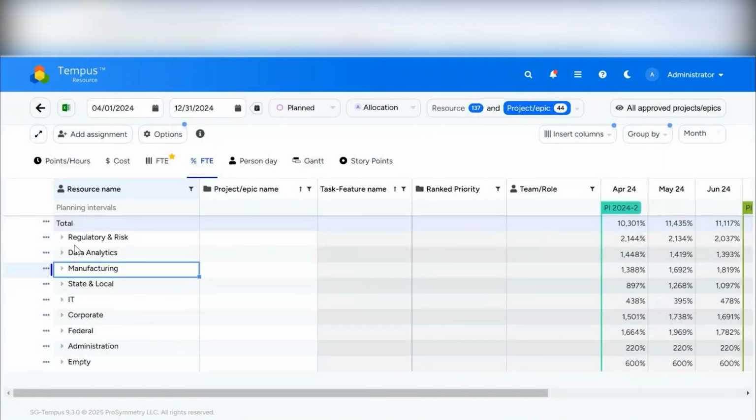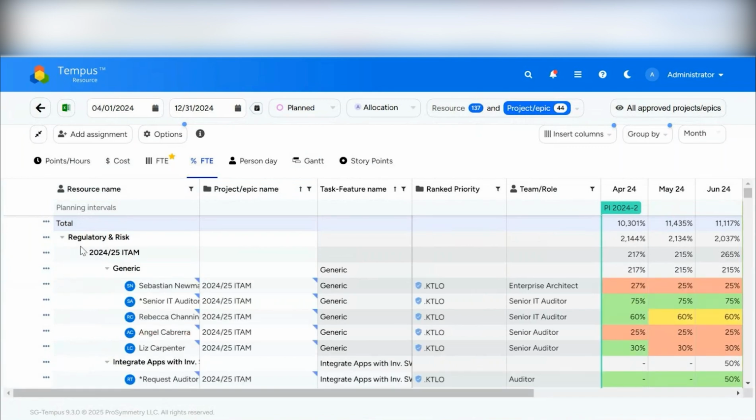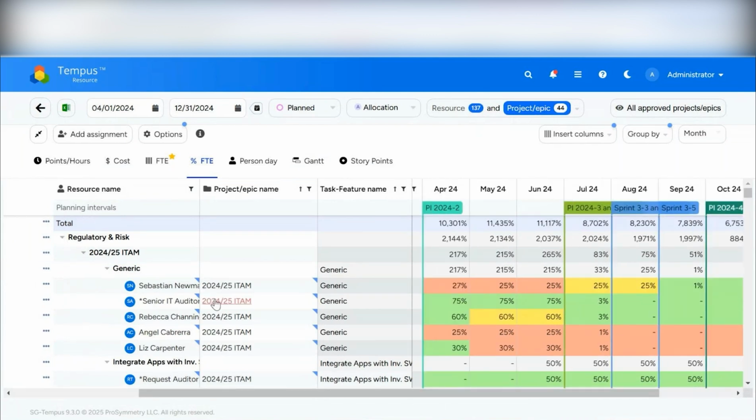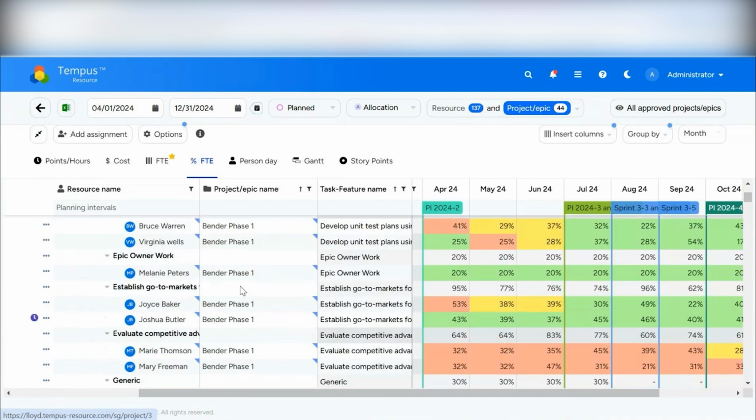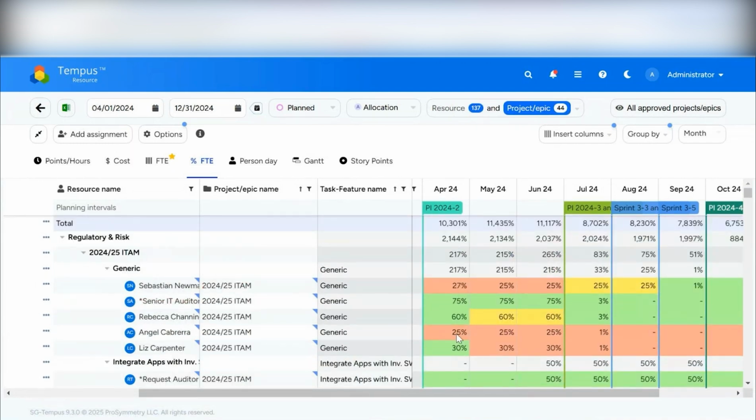Let's go into manufacturing. In fact, I'll just open all these. This is across your whole enterprise. And so you can say, look in the regulatory and risk product area, here's every project that I have, and here's the allocations of people. And if they're red, it means that they're over allocated. So you should be asking yourself, why do I have that risk in my organization? And so you can immediately go in and look at a person, like Sebastian, and say, what else are they working on?